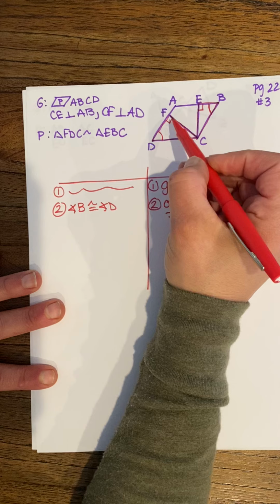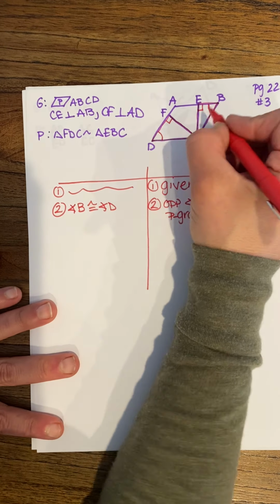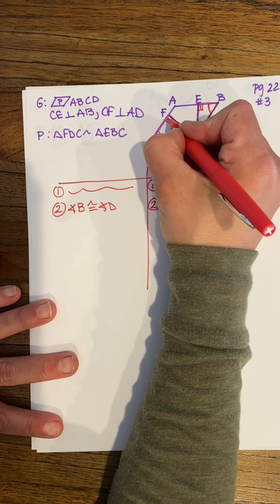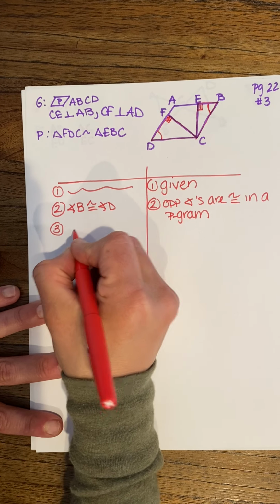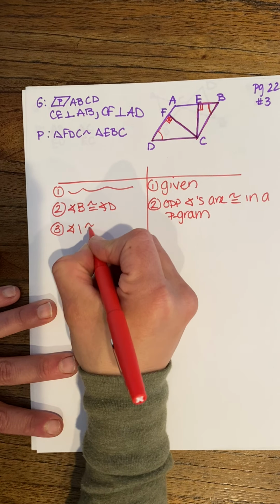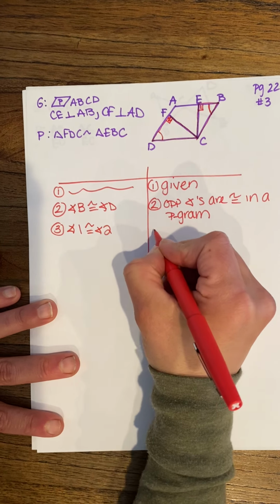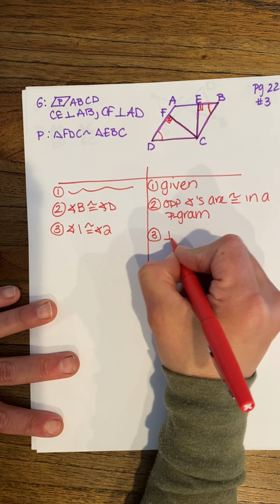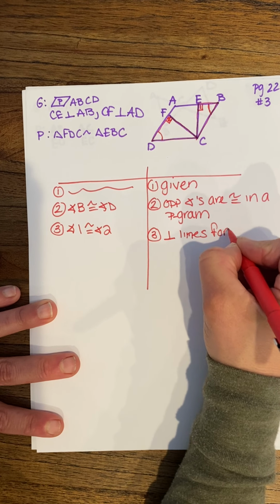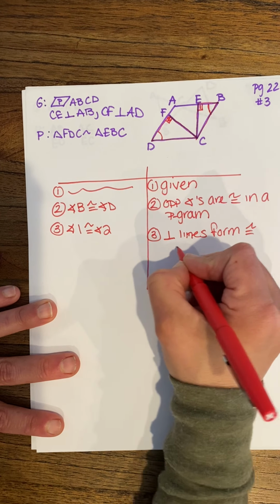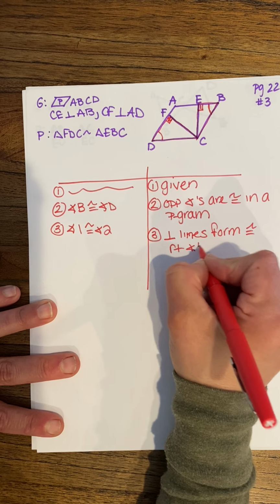Now as far as the right angles go, I'm going to number these because otherwise I would have to name them with three letters. I can jump right to angle 1 is congruent to angle 2 if I say in my reason, perpendicular lines form congruent right angles.